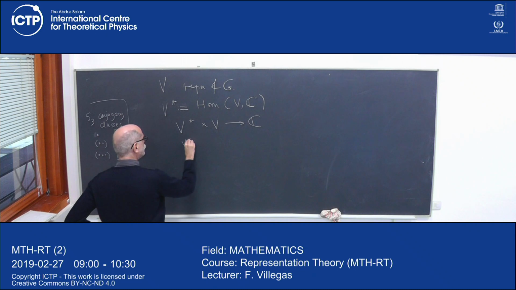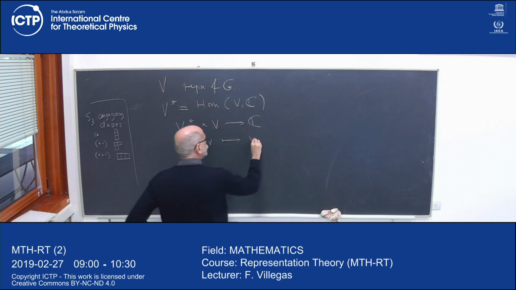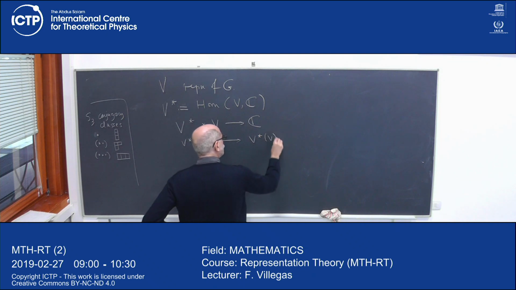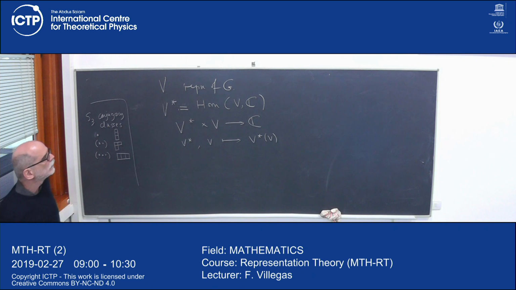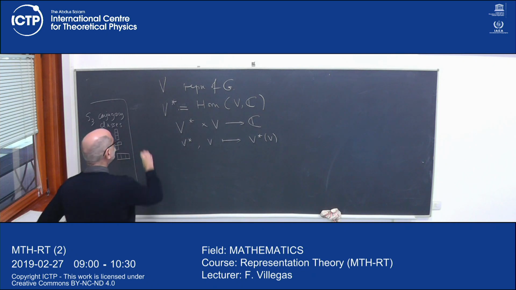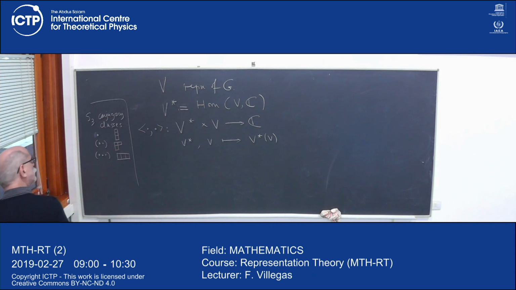So if you have a dual vector and a vector, then the dual vector is a function on vectors, so you just evaluate it on the vector. Let's call this with this bracket notation.